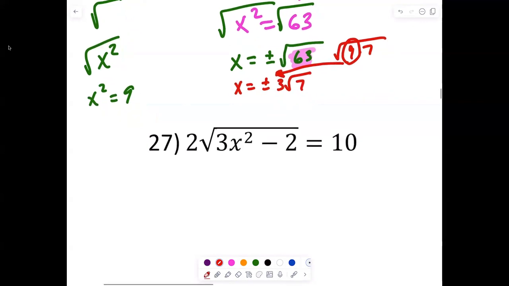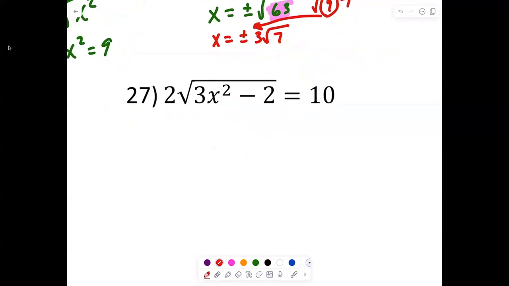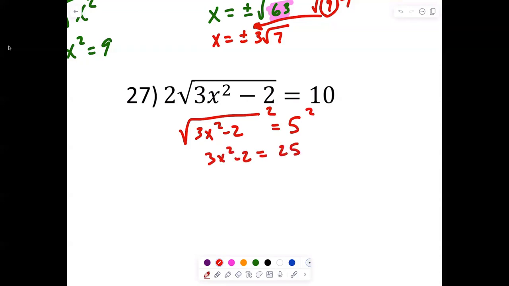All right, for 27, what do I have to do first? Divide by 2. So I have the square root. 3x squared minus 2 equals what? 5. Now what? Square. 3x squared minus 2 equals 25. Now what? 3x squared equals, and now what?